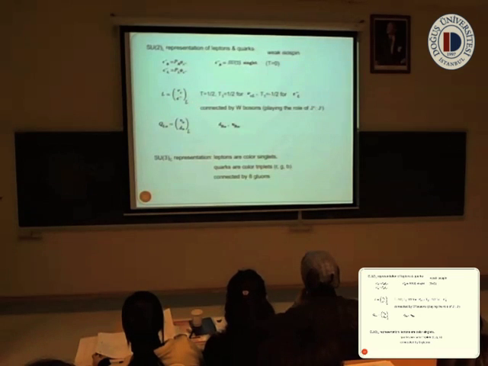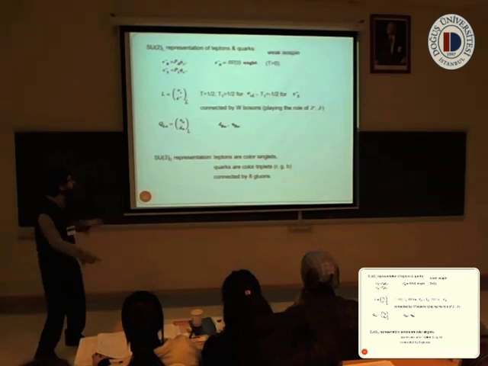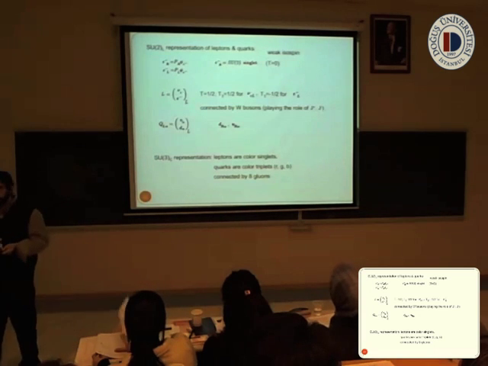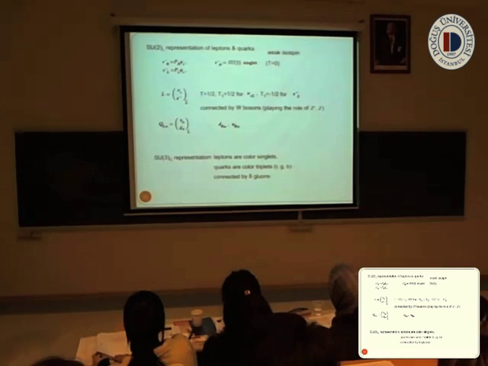This is a spin 1/2 object, isospin 1/2 object, and the third component is 1/2 for the neutrino, isospin up, and minus 1/2 for the electron. And as you will see, this electron and neutrino will be connected by the charged weak gauge bosons.